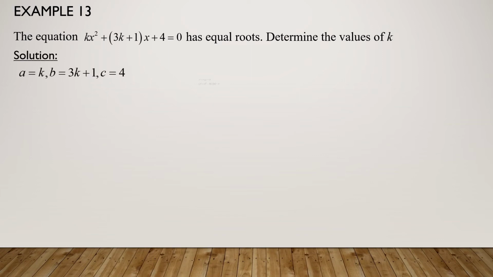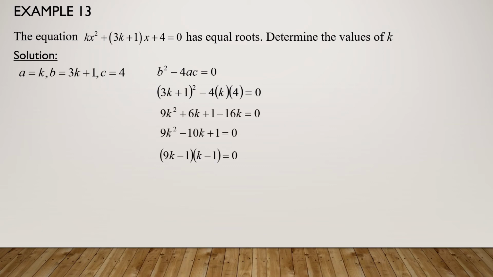Hence, we can use the discriminant b squared minus 4ac equals to 0 to solve to get k. Solving this will give us two values of k, which is k equals to 1 over 9 or k equals to 1.